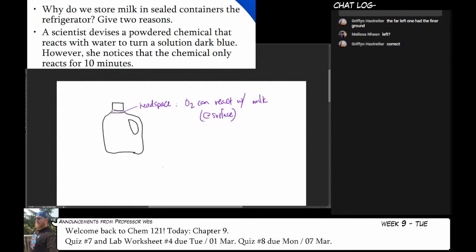So the first reason, by virtue of us sealing it in a container that's nearly filled, is that by putting the milk in this condition, we minimize the surface area for oxygen to react with milk, which would cause it to spoil.